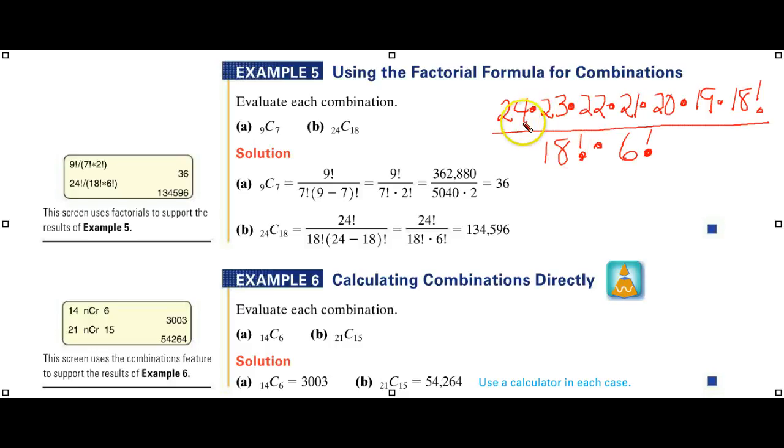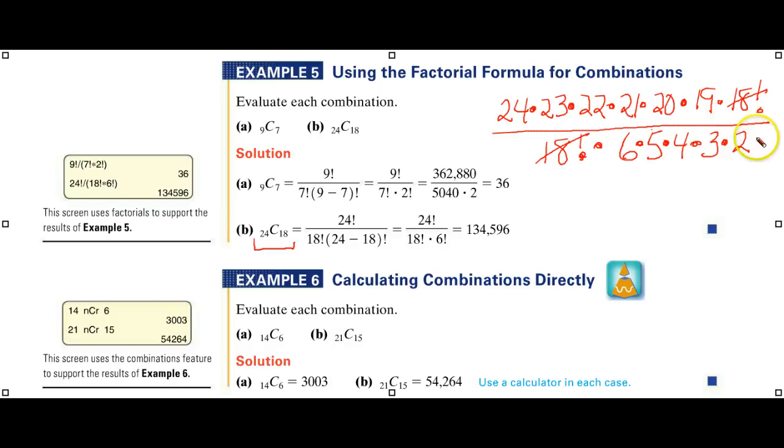And in doing example B, there's our combination, there's our setup. I've written it out this way. So I stopped at 18 factorial. So now I can cancel these out. And notice I can cancel, and I've written 6 factorial out.